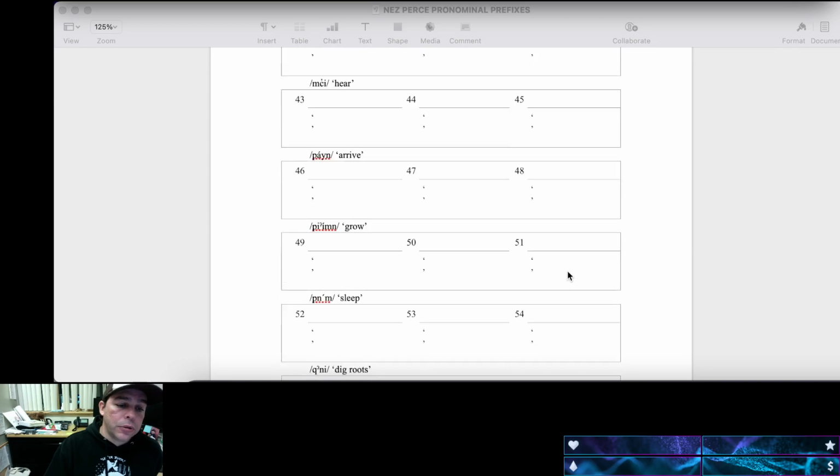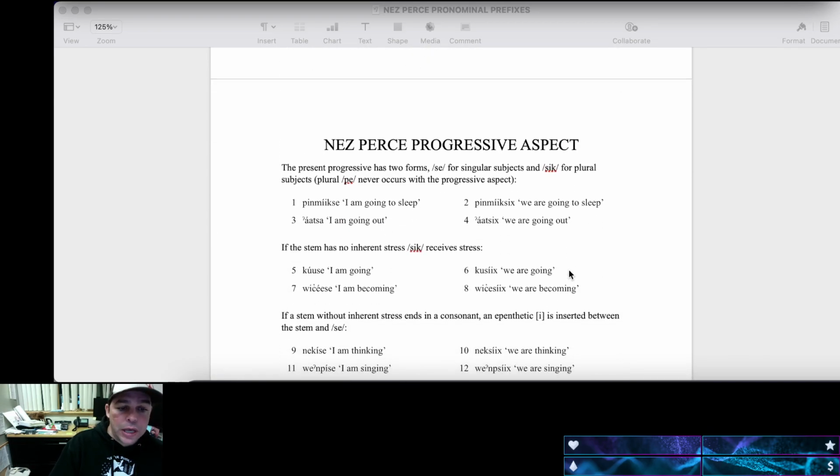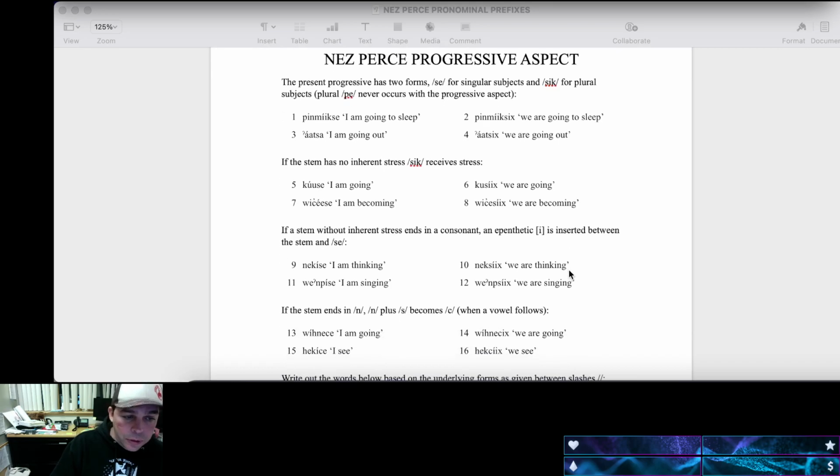So I'm going to introduce the idea of progressive tense here, and then we're going to use that as a way to cover S verbs and C verbs. The progressive would be the same as the -ing, right? So if you're playing, it would be the same as the sa. I'm going out. I'm going to sleep. That's the equivalent of -ing.